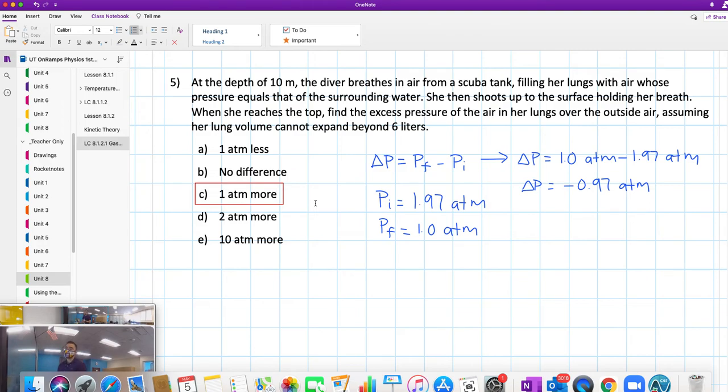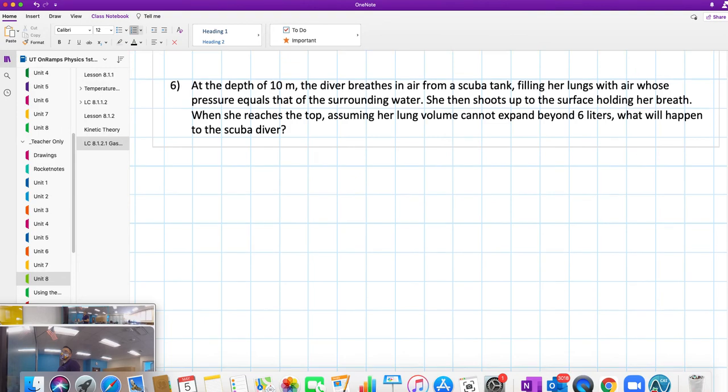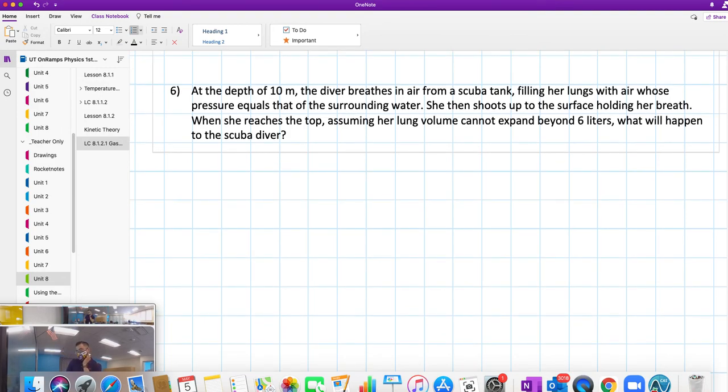Now, 1 atm is a lot of pressure. So the last question is asking you, what's going to happen? Well, let me put it this way. If you have an increase in pressure in the lungs, think of them as balloons, right?